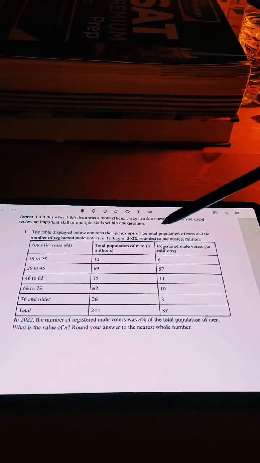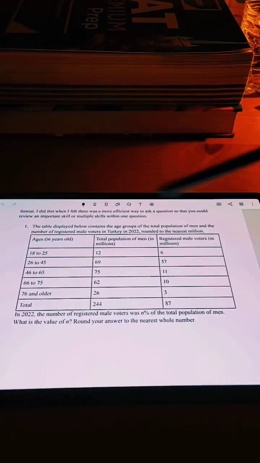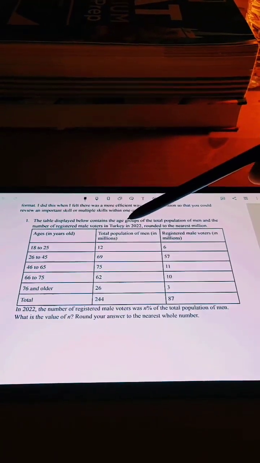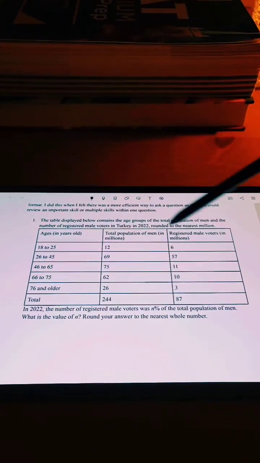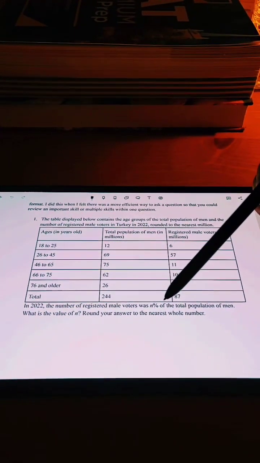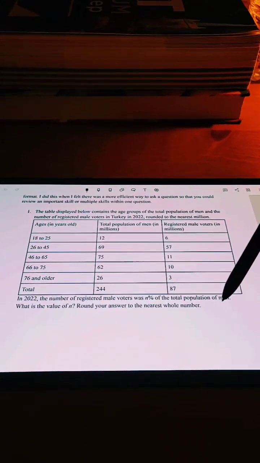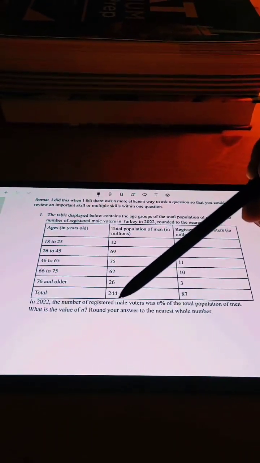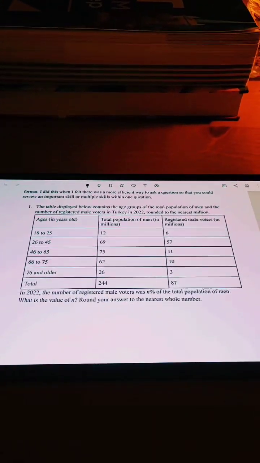It says the table displayed below contains the age groups of the total population of men and the number of registered male voters in Turkey in 2022, rounded to the nearest million. In 2022, the number of registered male voters was n% of the total population of men. What is the value of n? Round your answer to the nearest whole number.